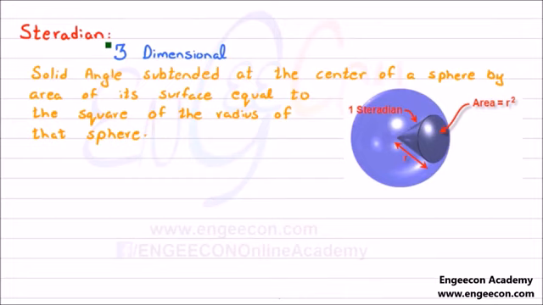So we have steradian. Steradian is for three-dimensional solid angles. The steradian is defined as a solid angle subtended at the center of a sphere, by an area of its surface equal to the square of the radius of the sphere. So in the previous case of radian, we considered it as 2D.